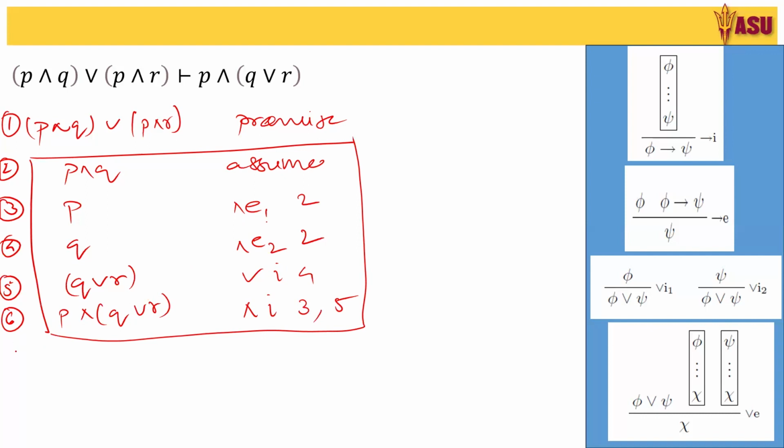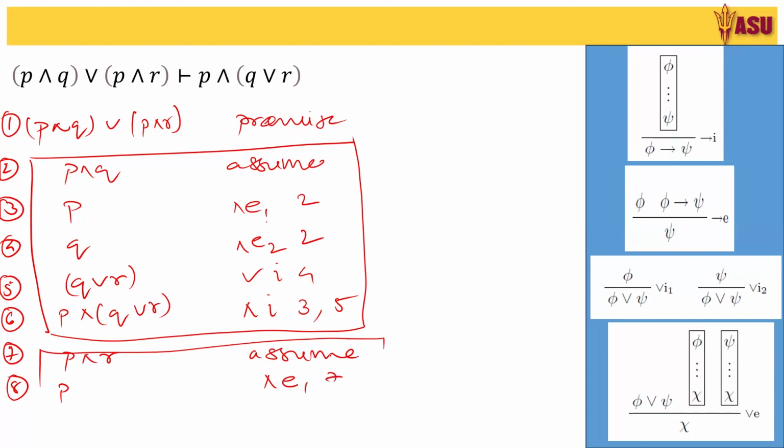The second part of it, I assume the second part, which is P and R. Again, from this assumption, I get P, and elimination 1 of 7.